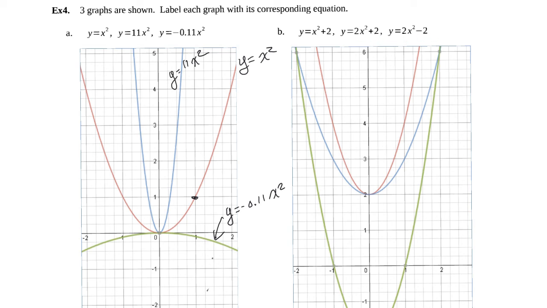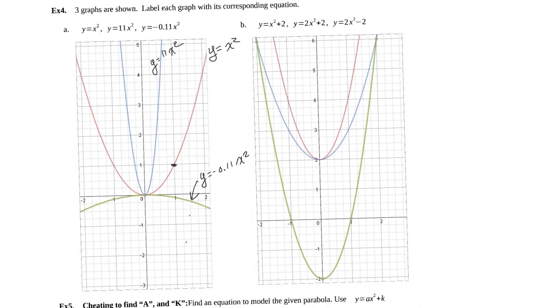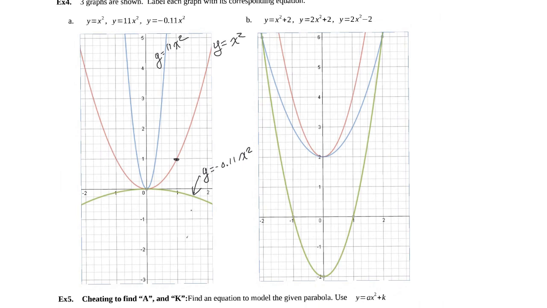So I'm going to tell you right away, let's look at the vertex. Its vertex for this one is 0, 2. The vertex for this one is 0, negative 2. How about this one? The vertex for this last one is also 0, 2 as well.